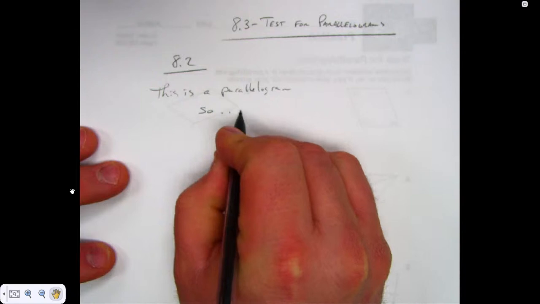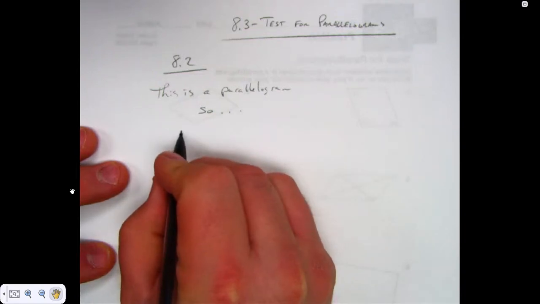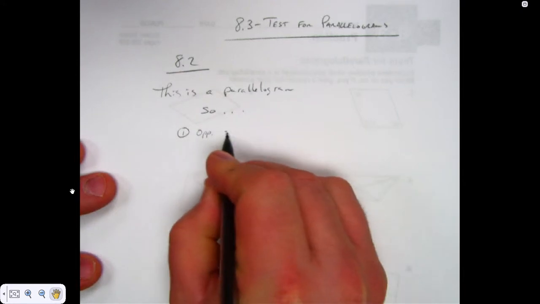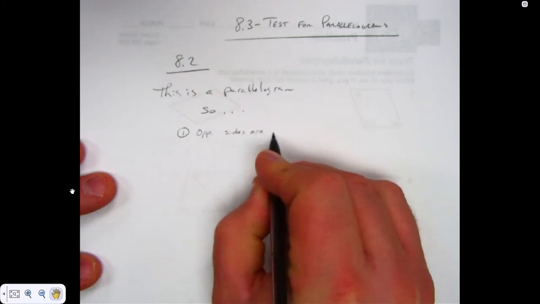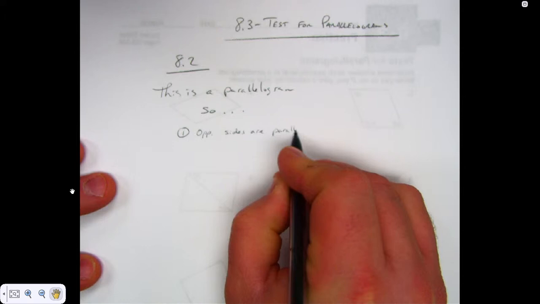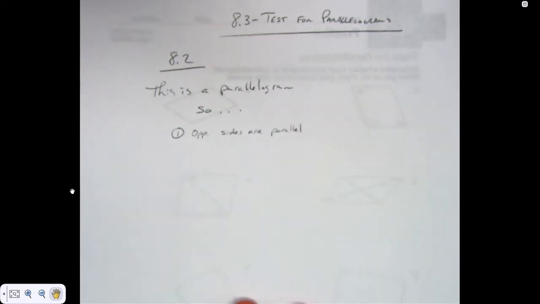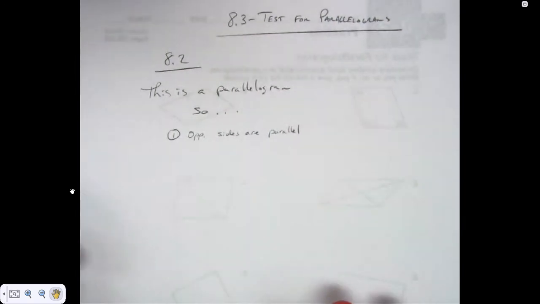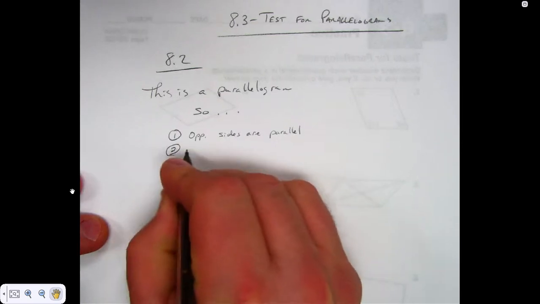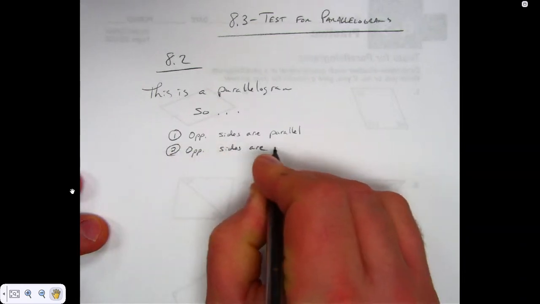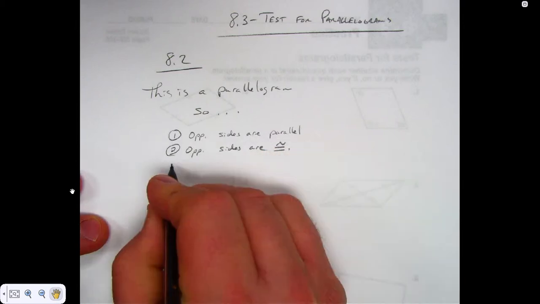So, what did we find out to be true? What's the first thing? Opposite sides are parallel. What else? 2. Opposite sides are congruent. 3.